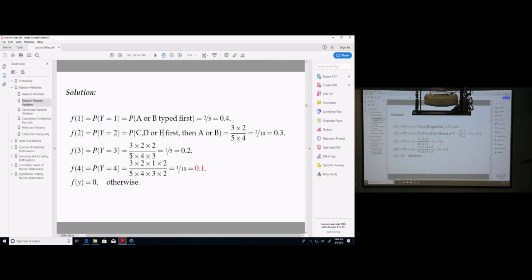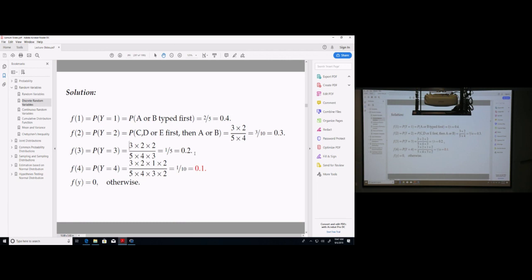So this explains the denominator. How about the numerator? The first one you have to choose from C, D, or E, so 3. But now the second one you also have to choose from C, D, or E except the one you have chosen in the first choice, so you only have 2 choices here. After that, you have to switch to choosing either A or B, again 2 choices. So I have 20% here.